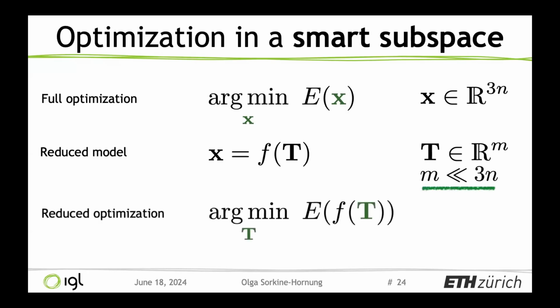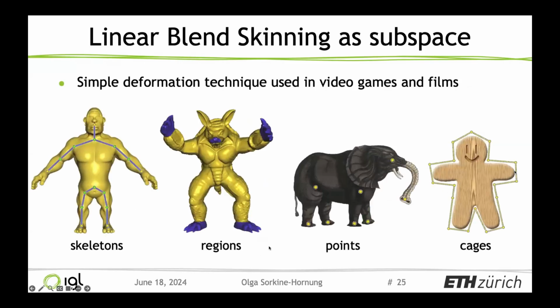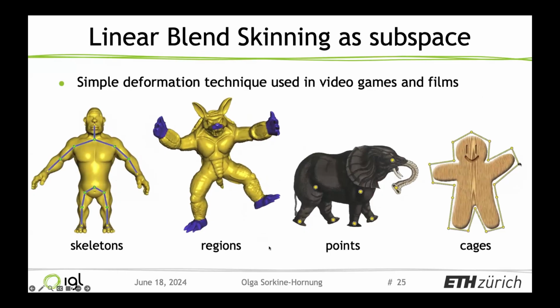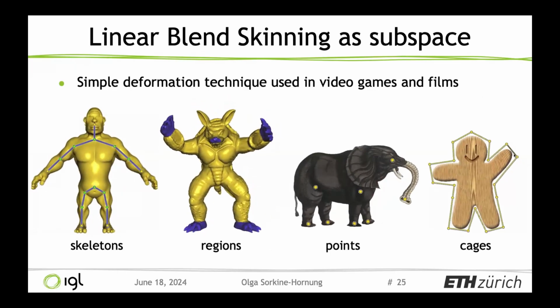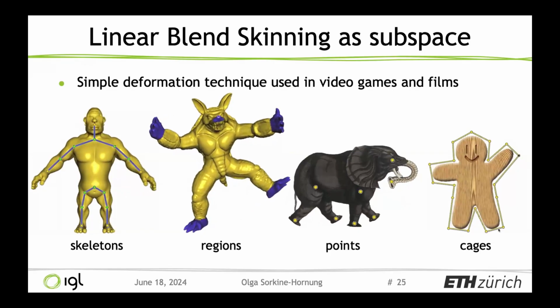So the question is how to design this f of t, of course. What is t and what is f, right? And if we manage to do it, then we have a much smaller optimization problem to solve here, only in m parameters.